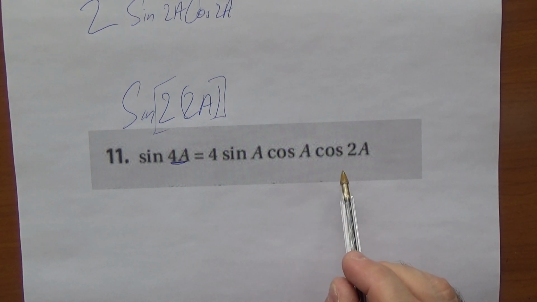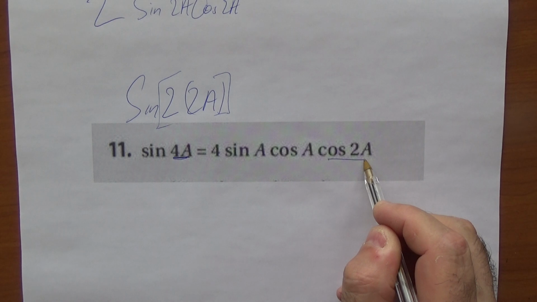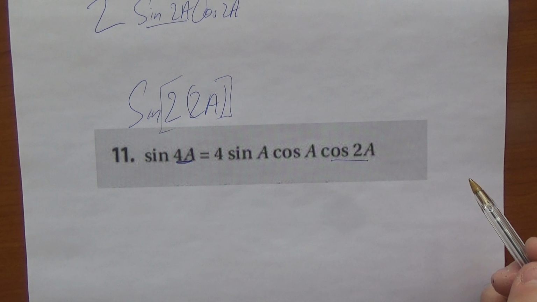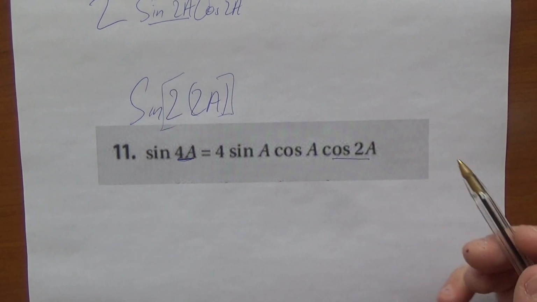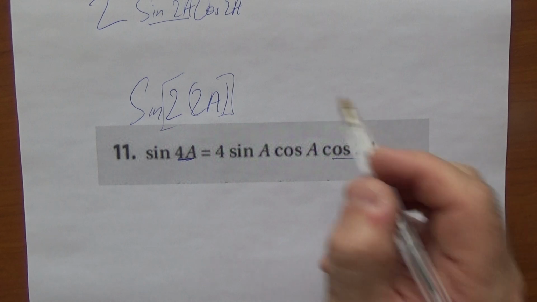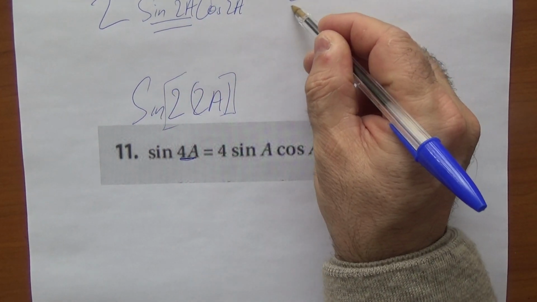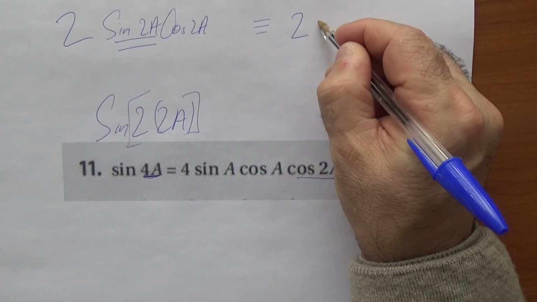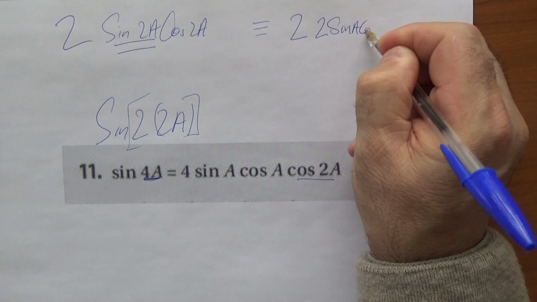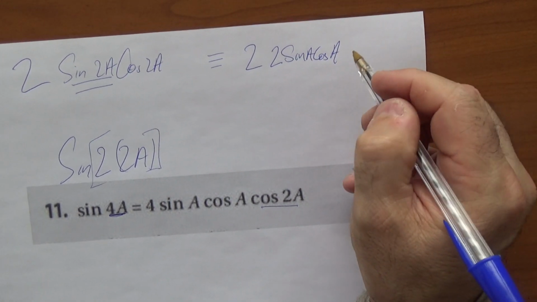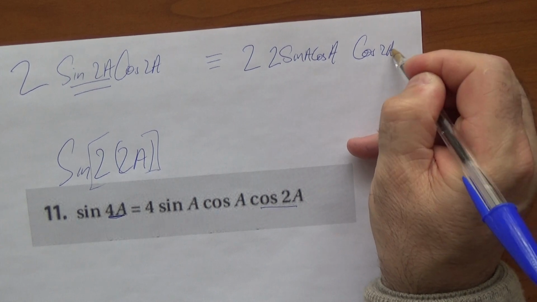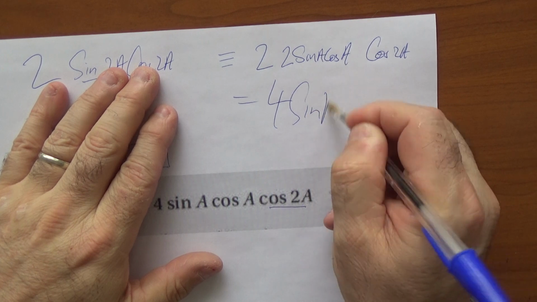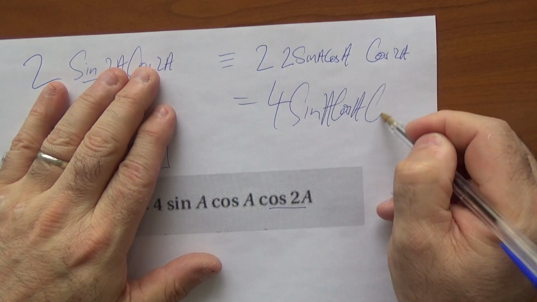Well, if I look in here, there's a cos of 2a, but there isn't a sine of 2a, because the sine of 2a has just decided to replace it. So if I replace the sine of 2a, I'll leave him alone, I'm only replacing the sine of 2a now, but the sine of 2a is double sine a cos a. And that cos 2a stays there, because he's here already and he's here already. Well, that's equal to 4 sine a cos a and cos double a.